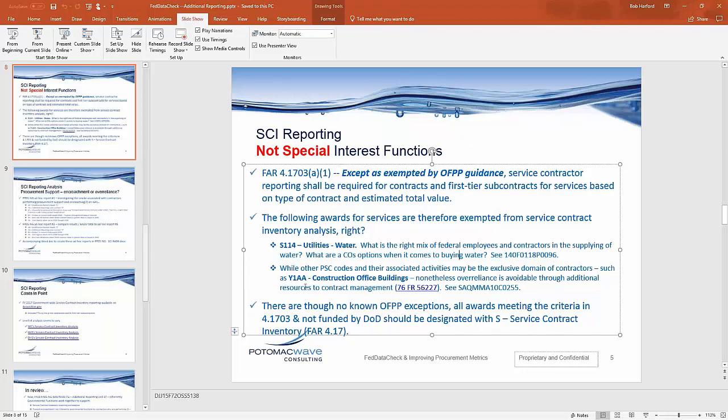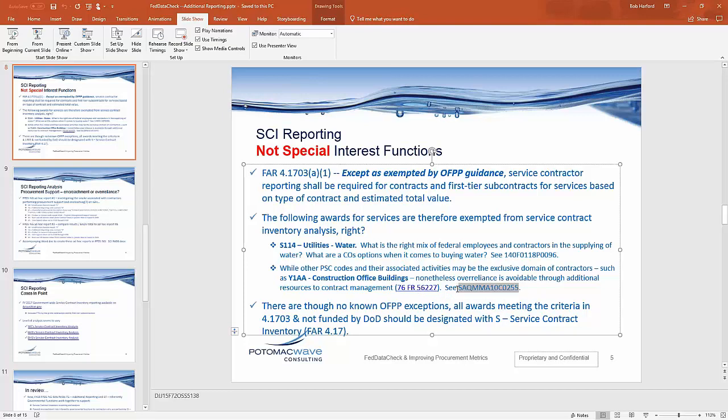Everything is covered. And the other point is, while other PSC codes and their associated activities may be the exclusive domain of contractors, such as Y1AA construction of office buildings, nonetheless, over-reliance is avoidable through additional resources to contract management. Reference on that.